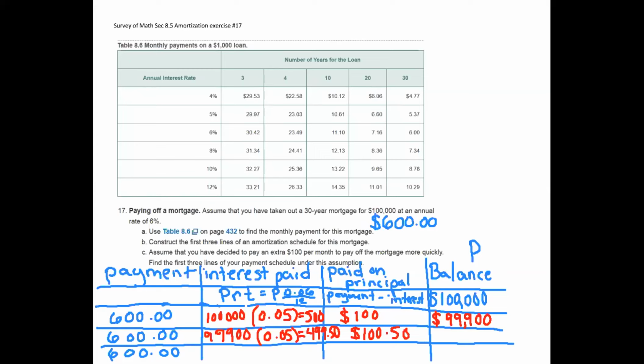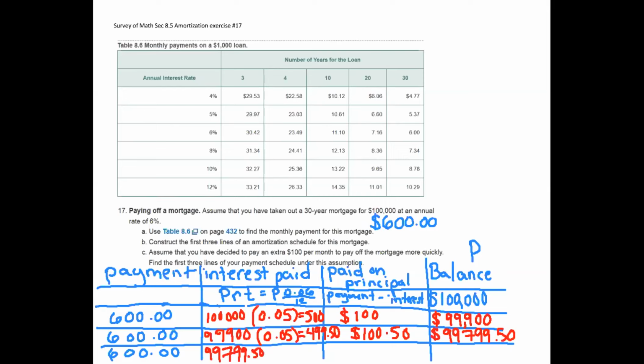So now we subtract that amount from the balance to find that now we owe $99,799.50. That is our new P.